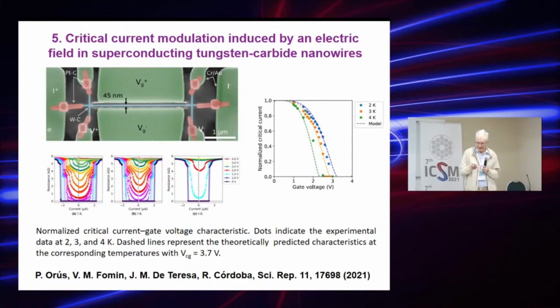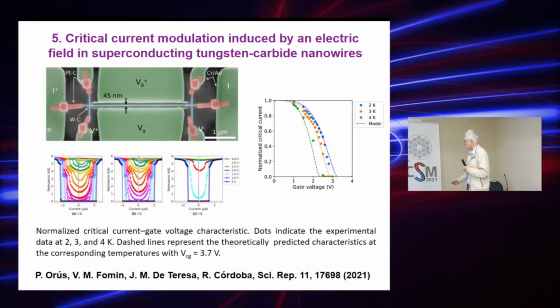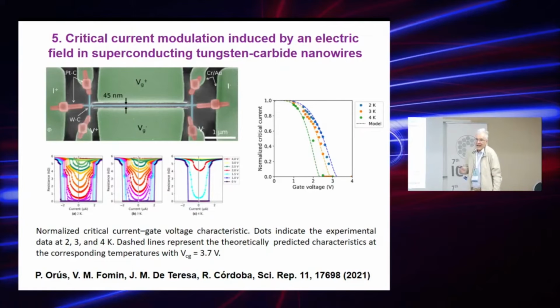And I think I will show the very last slide, which also represents new work of this year. It's a tungsten carbide nanowire, which is now put in an electric field. A superconductor expels the electric field, but this is a nanowire, so the macroscopic idea is different.